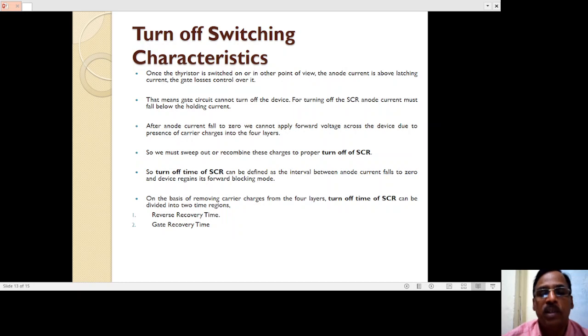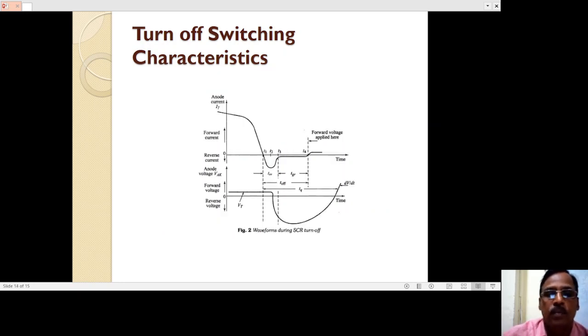On the basis of removal of charge carriers from the 4 layers or from junction J1, junction J2 and junction J3, turn off time of the SCR can be divided into 2 regions. First one is reverse recovery time and gate recovery time. I will explain with the proper diagram.